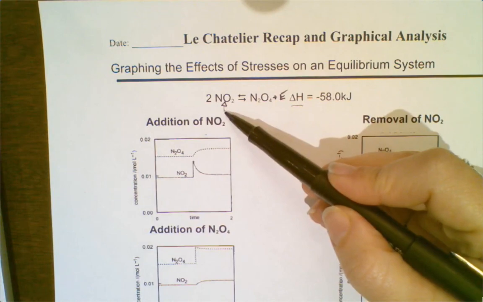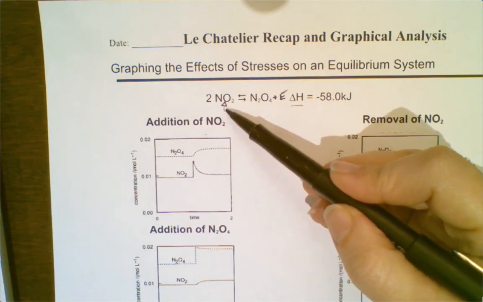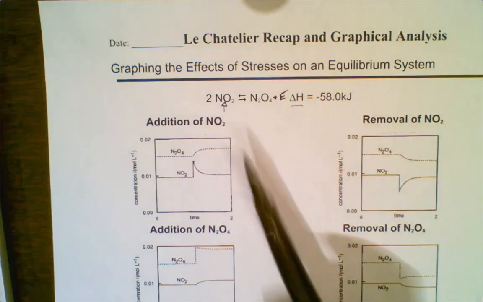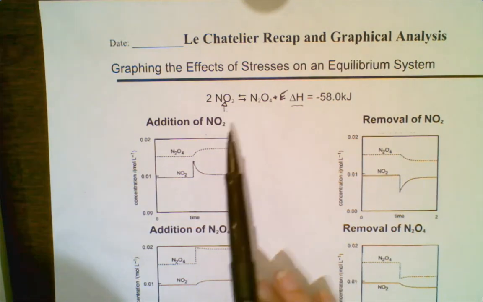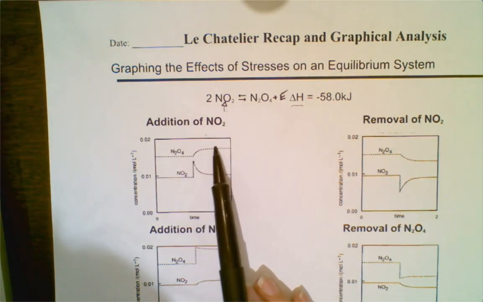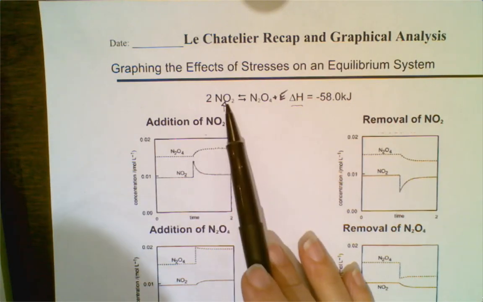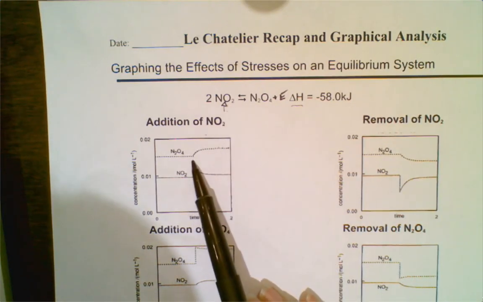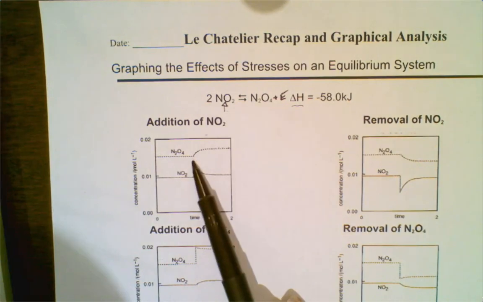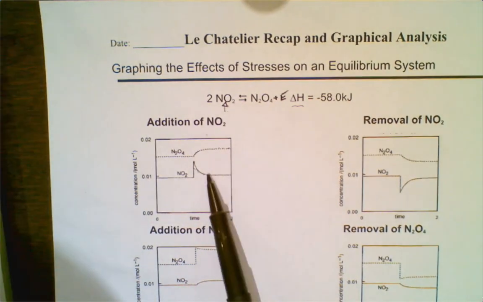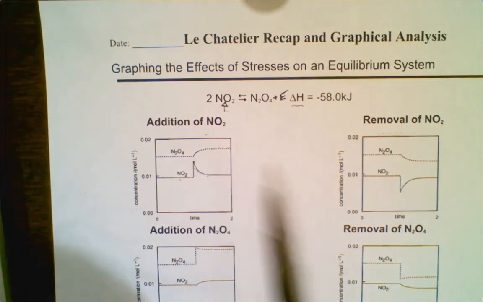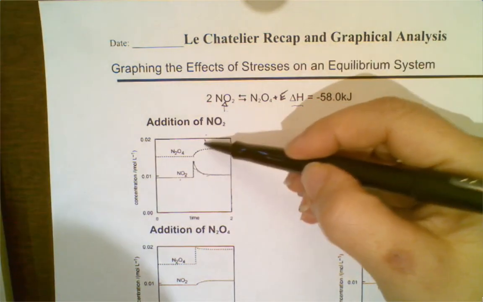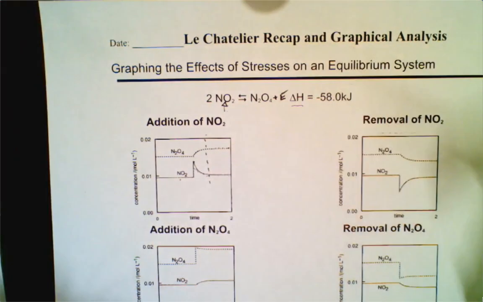The system then says, oh no, it has to respond to bring that back down. So the way it does that is to shift towards the right to make more N2O4. So you see that this will start to go up. And over time, after that initial spike, this NO2 will then start to go down. Notice that it's not down to where it was before, but we've just reestablished a new equilibrium where the ratios keep that KEQ value in check.